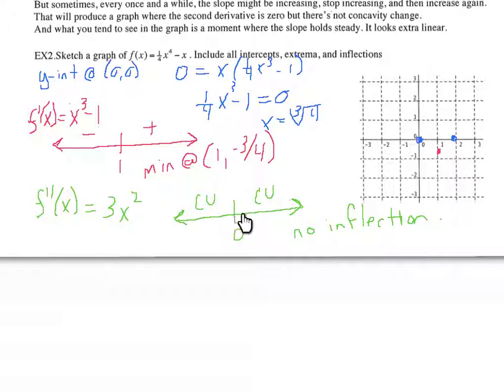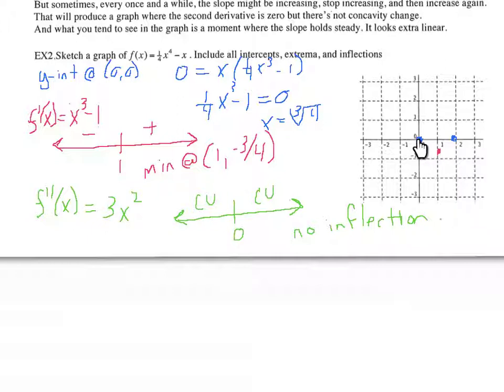So we have this graph pausing, having a 0 slope. If we're not changing concavity, then at (0, 0), at this point over here, we have something that looks linear.